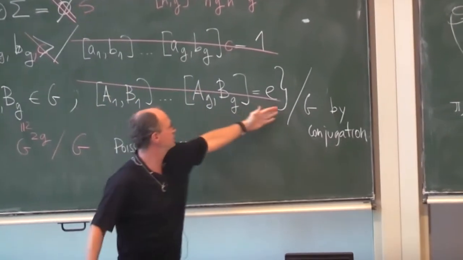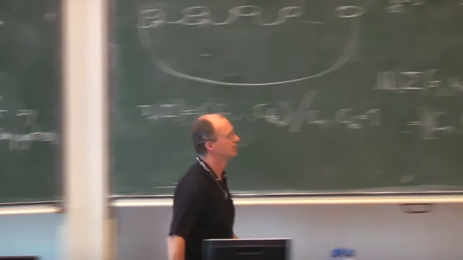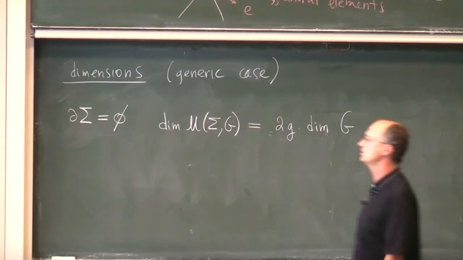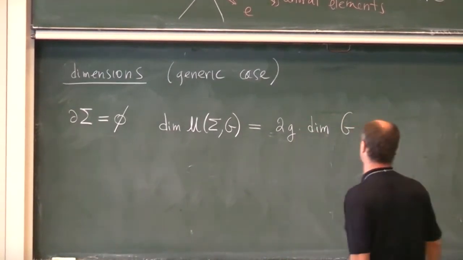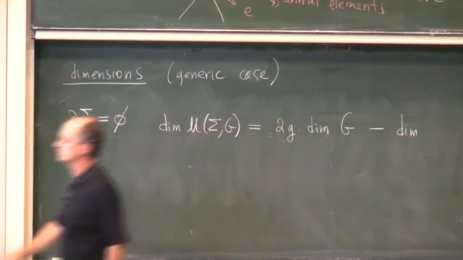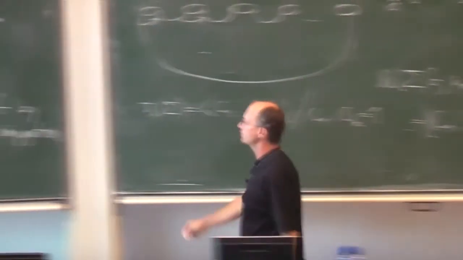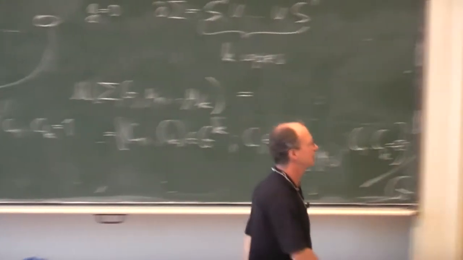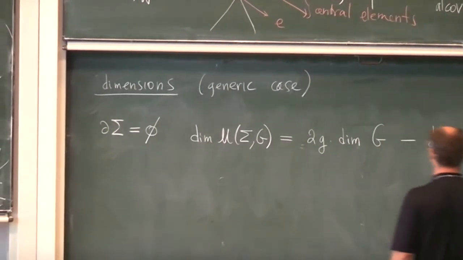Assume that the map is surjective, as it usually is, and assume that there are some places where the differential has maximal rank. Then, since you impose a condition that this product is equal to the group unit, you impose dimension of G conditions, so you would subtract the dimension of G.